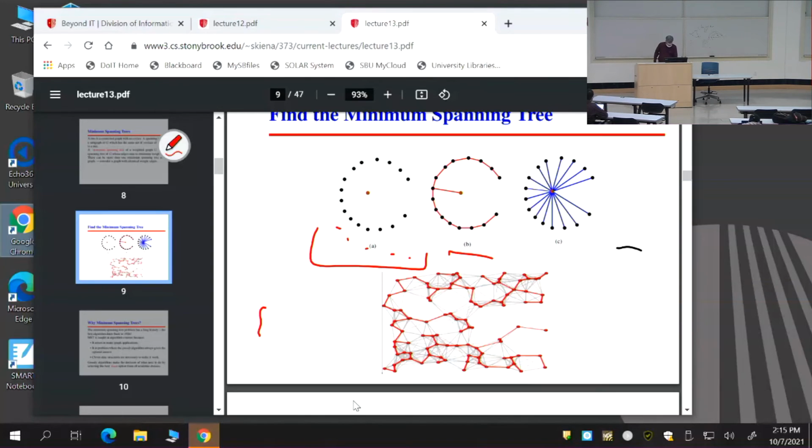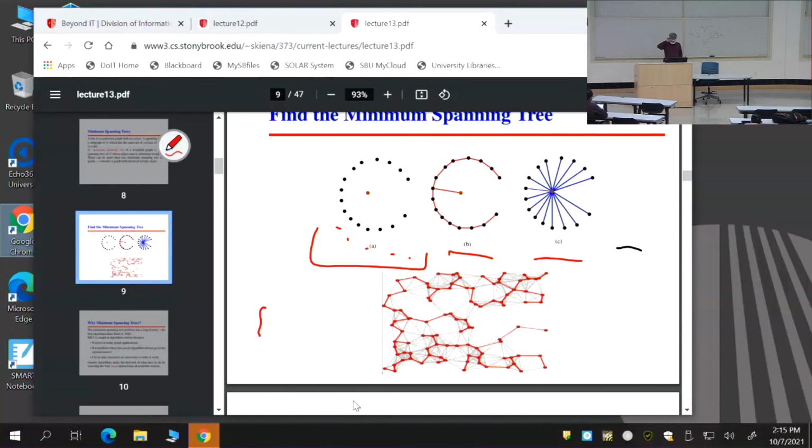Which of these is the minimum spanning tree? Which one is cheaper? Do we agree these are two different trees? They're both spanning trees of that complete graph. Which one is going to be cheaper, have smaller cost? Is it the one on the left, the red one, or the blue one? Yeah?